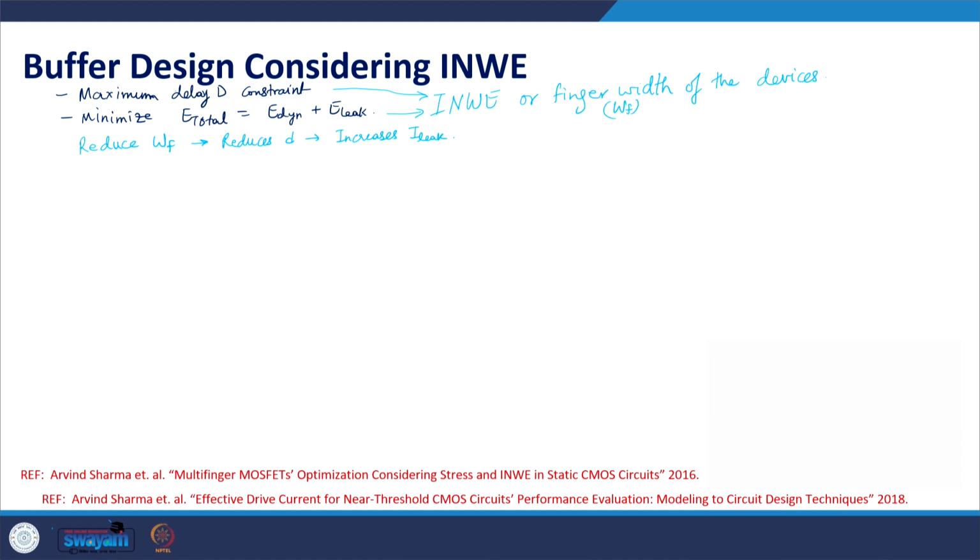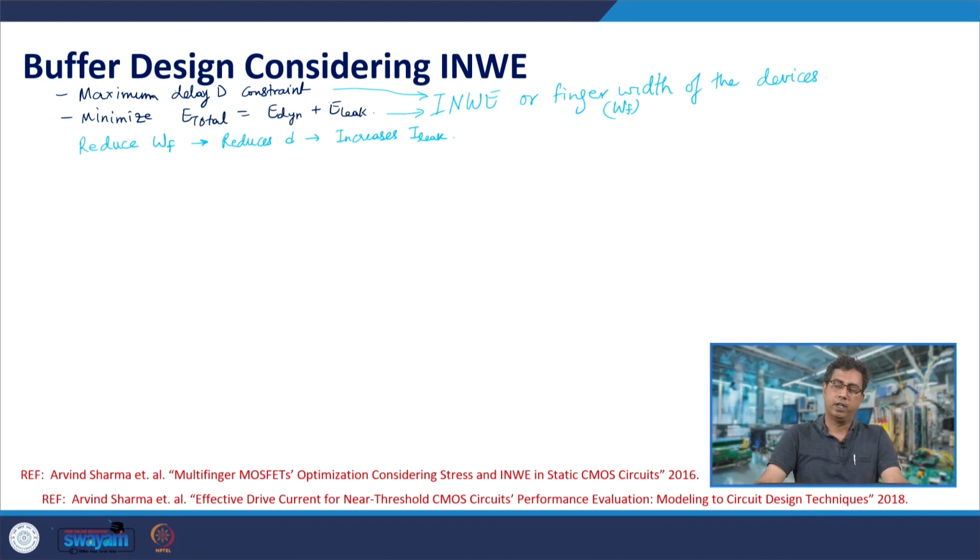So, one thing is that for the layout to be simple, you require the number of fingers of N MOSFET and P MOSFET to be equal. For that we had discussed in the previous lecture how we would fix the values of the number of fingers and finger width of the N MOSFET and P MOSFET for equal rise and fall times, that is for a balanced inverter.